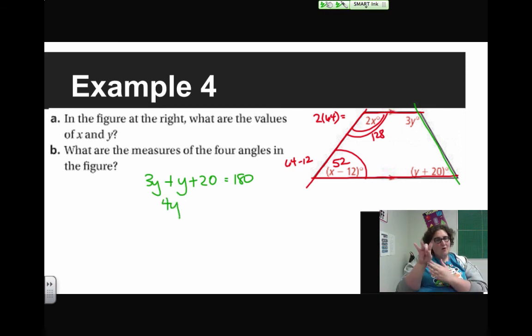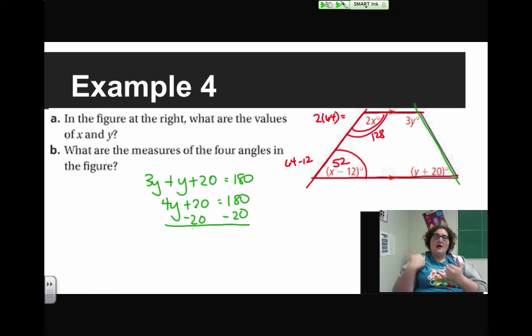So now I have 4y plus 20 equals 180. I'm going to subtract 20 from both sides, and I have 4y equals 160. And I'm going to divide both sides by 4. And I get y equals 40.